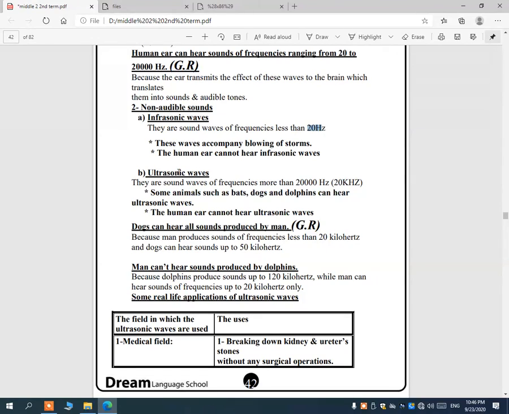Ultrasonics have frequencies of more than 20,000 hertz or 20 kilohertz, like the sound of bats or dolphins. Bats, dogs, and dolphins can hear ultrasonic waves, but humans can't.